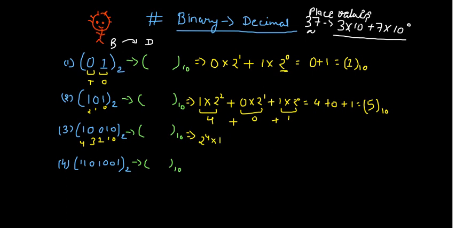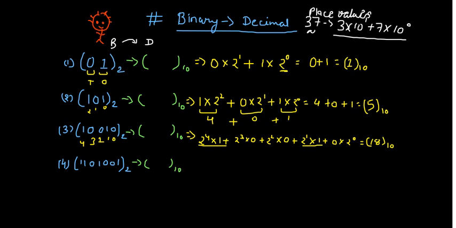I'm accelerating so that you will not get bored with the calculation part, but I am calculating at the same time so that you can check and verify your answer and practice more and more. 2 to the power 1 multiply 1 plus 0 multiply 2 to the power 0. And the final answer we have is, we have 2 here and we have 16 here. 16 plus 2 is 18. So we have the number 18 here.